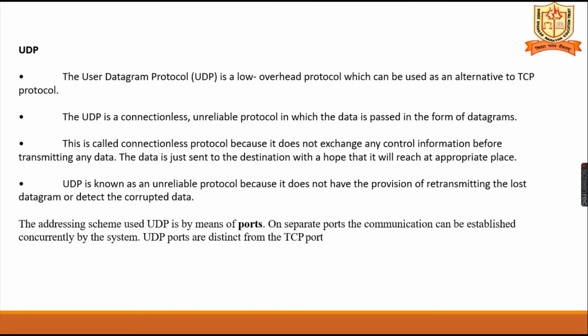UDP is known as an unreliable protocol because it does not have the provision of retransmitting lost datagrams or detecting corrupted data. The addressing scheme used in UDP is by means of ports. On separate ports, the communication can be established concurrently by the system. UDP ports are distinct from TCP.